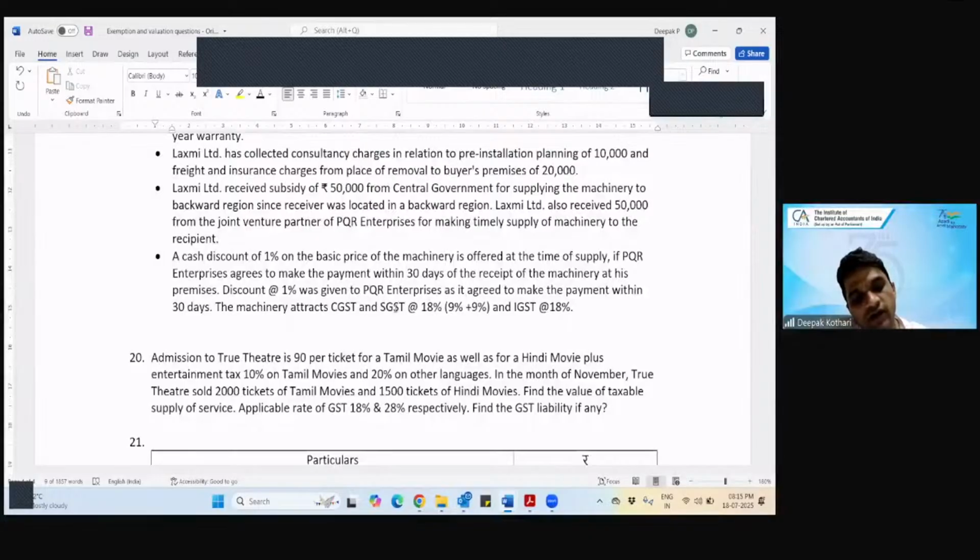Even if it is an ordinary course of business, it will still be treated as a separate transaction. In the ordinary course of business itself, the educational institution provides tuition, but the tuition is not a mandatory requirement for the educational services. So it will be treated as a separate supply. Then it will be taxable. Correct. Okay, sir.